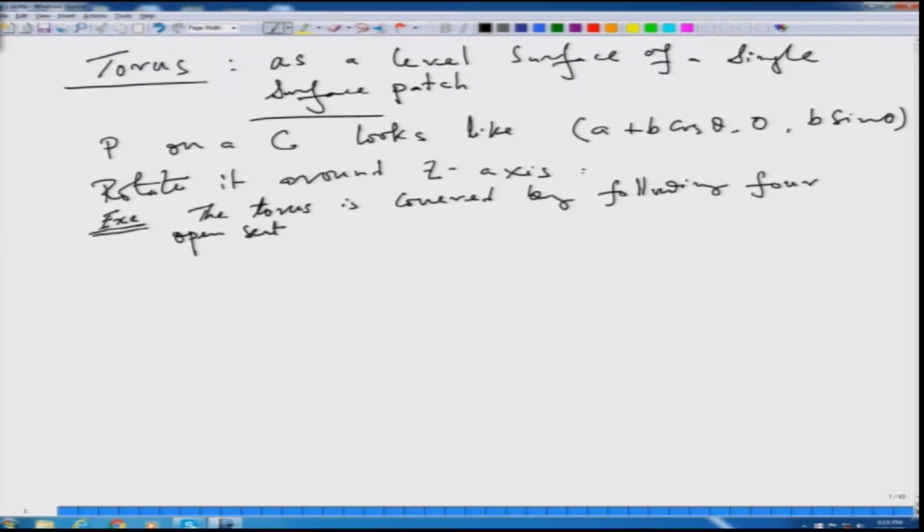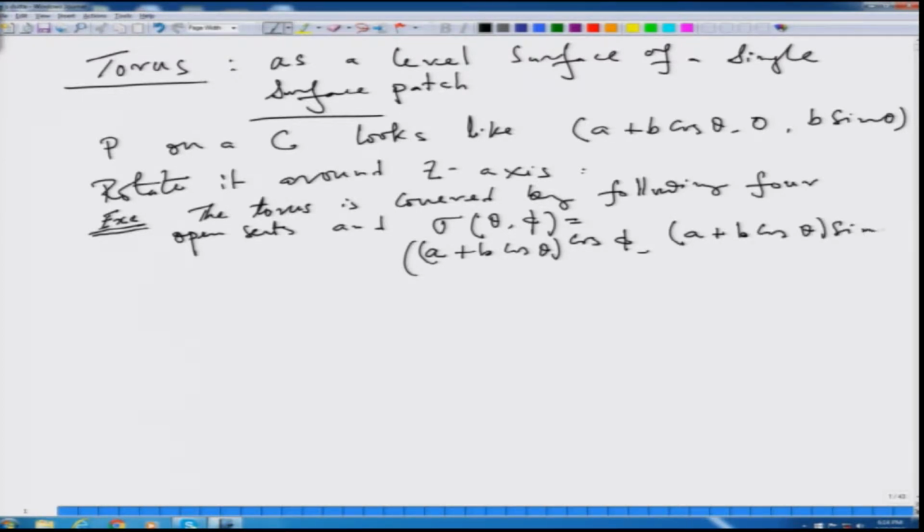and sigma theta phi equal to, let me write it here, (a plus b cos theta cos phi, a plus b cos theta sin phi, b sin theta).